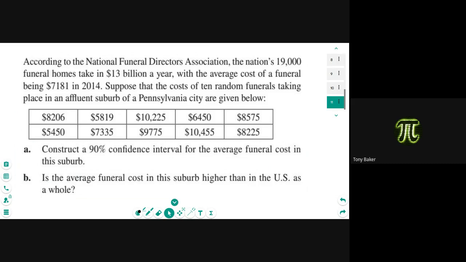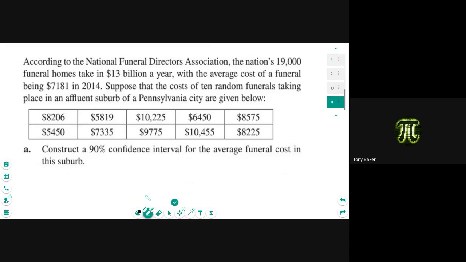Hold on, I'll erase this so I can have some room in there. So n is 10. And the average is 7,180. The mean is 7,180.